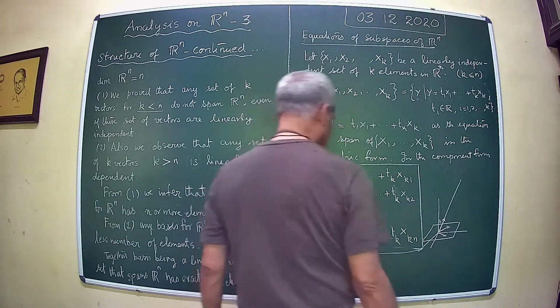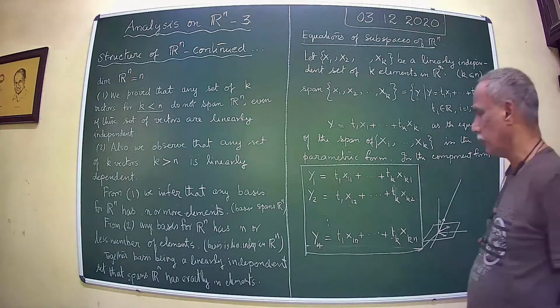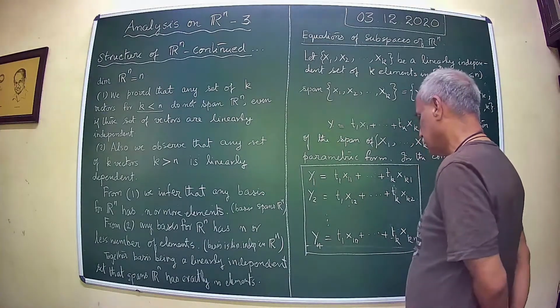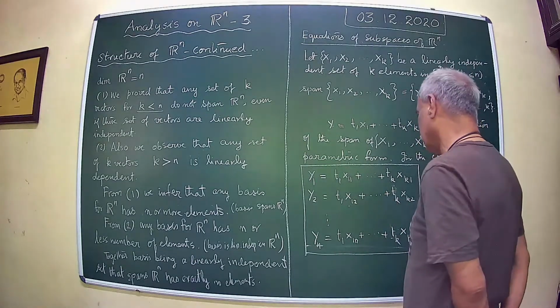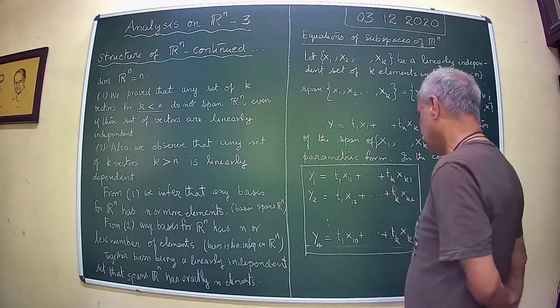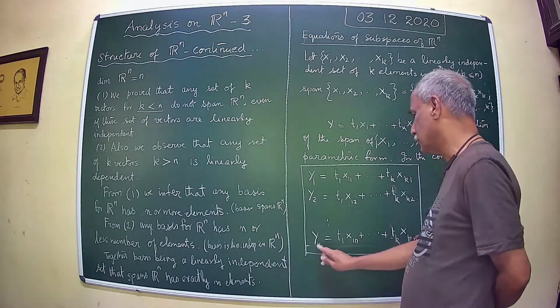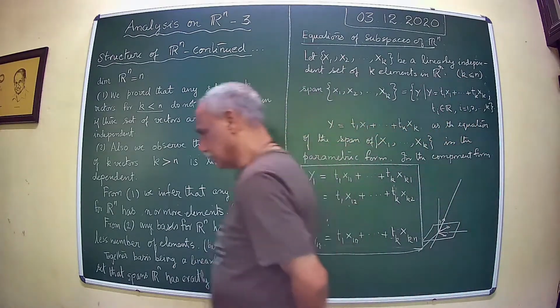There are n equations for k unknowns. So these are the constraints that you would have. This is going to be the set of equations that you have.